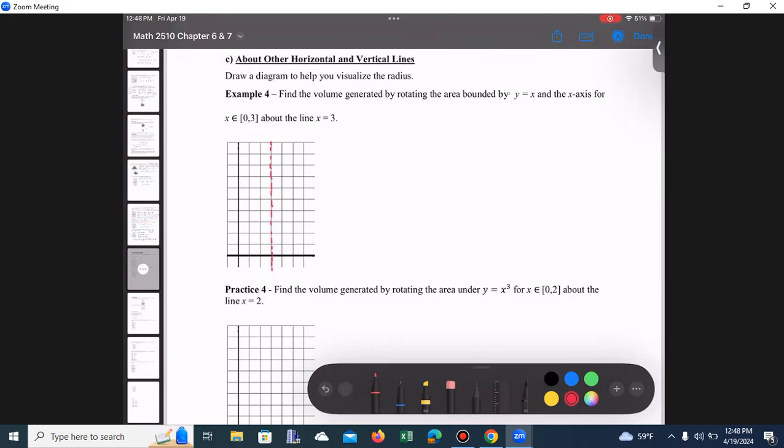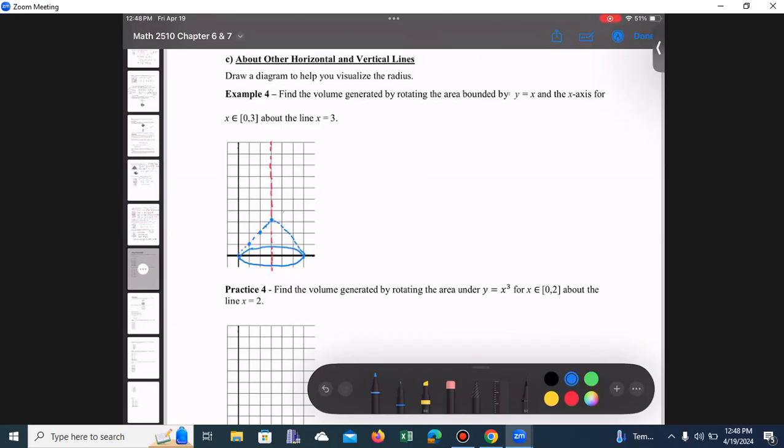We'll look at y equals x, a line like this, and we're going to look at it from 0 to 3, so I can get rid of this section of it. And we're going to rotate this around.